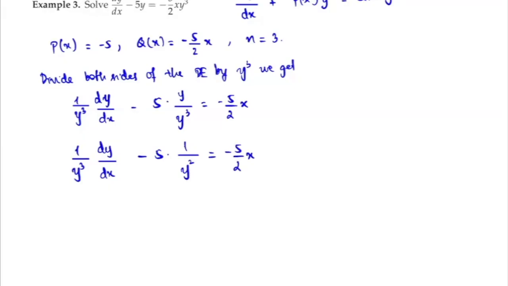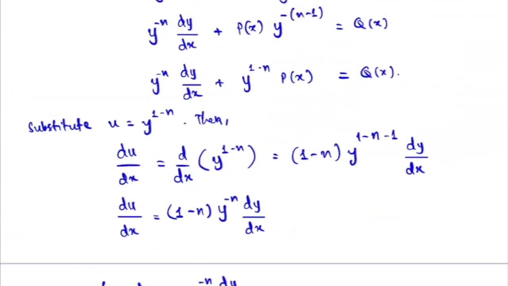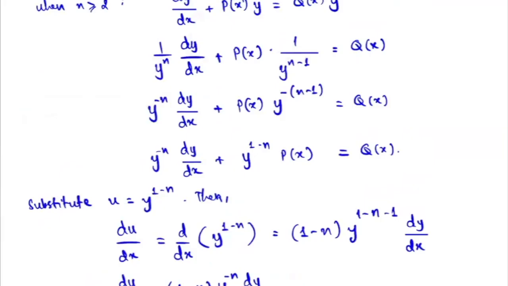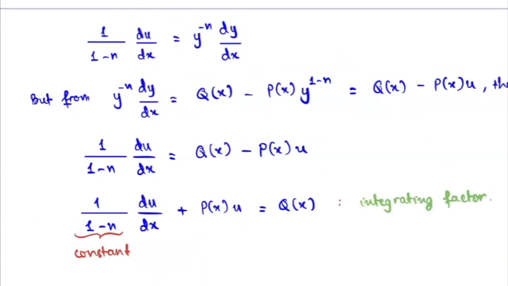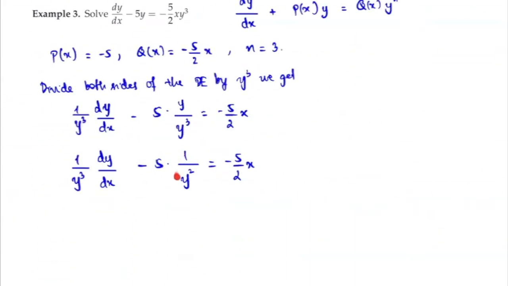The next step is the substitution. Going back to the procedure, you use the substitution u equal to y to the power 1 minus n. What you do is take this middle term, which is always the one, and that is going to be your substitution.